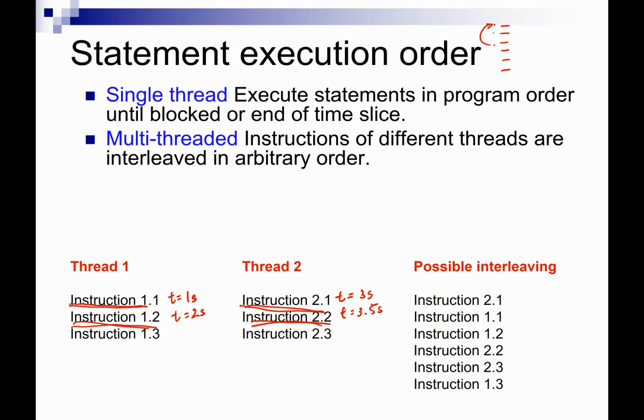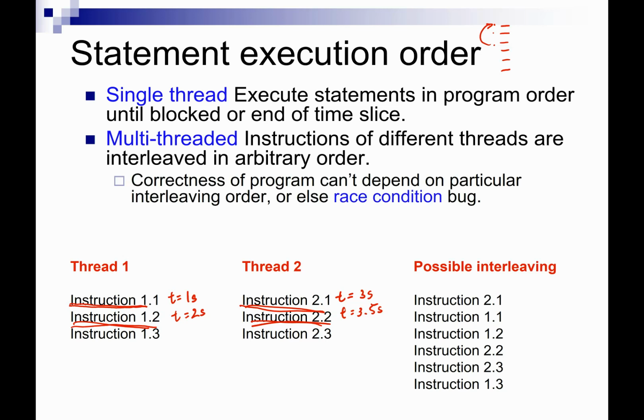Now, the fact that the threads' execution is interleaved with each other can actually cause lots of problems. Because if you don't write a correct program, then depending on which interleaving you have, the program might actually have a bug. It could be that the program works fine in some interleavings, but if you change to a different interleaving, then the program behaves incorrectly.